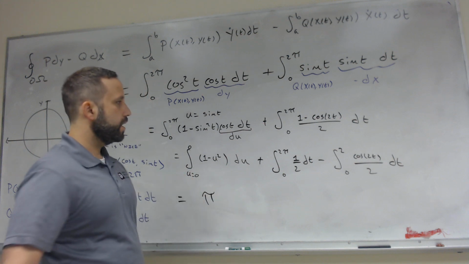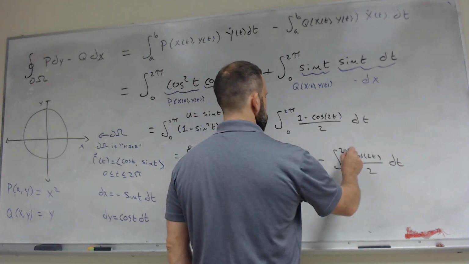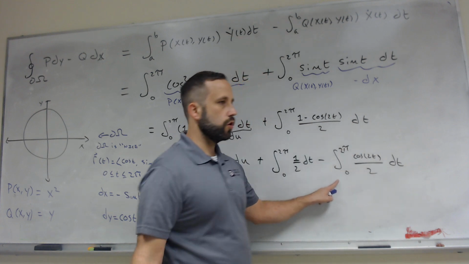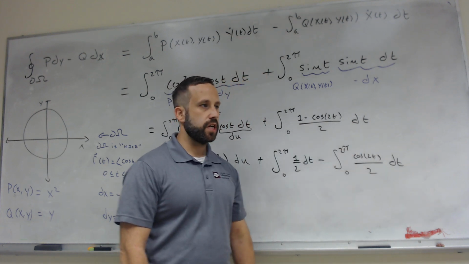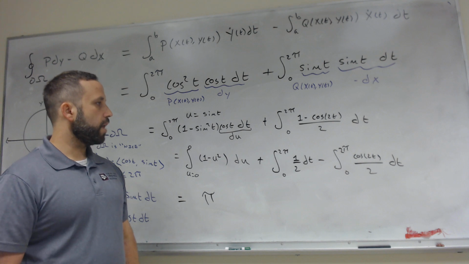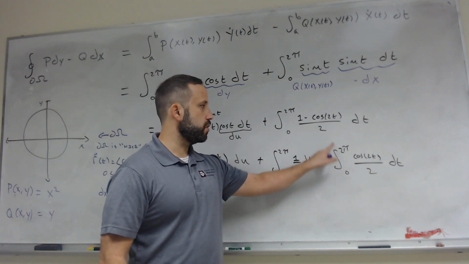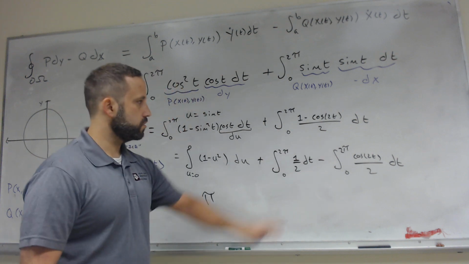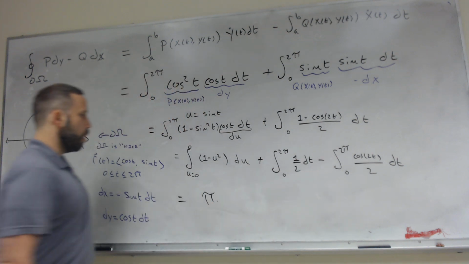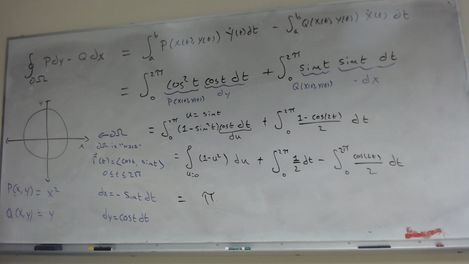Now, for this integral, the antiderivative of cosine of 2t is going to be sine of 2t, times a constant. When you evaluate sine of 2t at both of those points, they're both going to be equal to 0. So that integral is equal to 0. So overall, this integral is equal to pi.